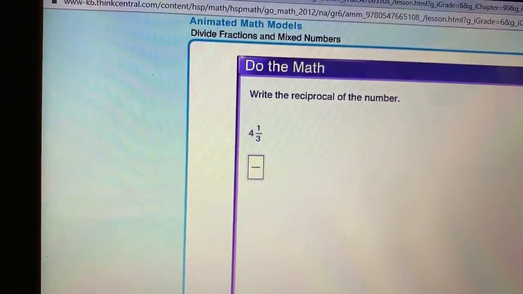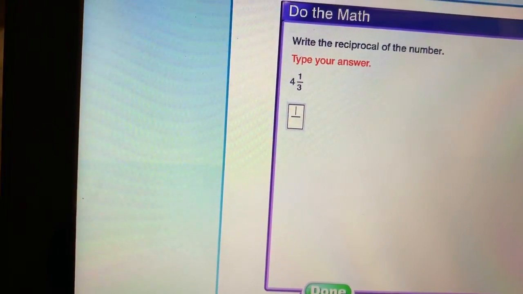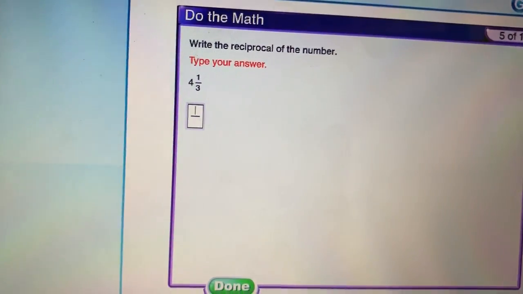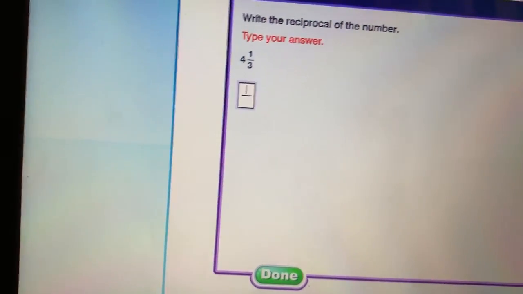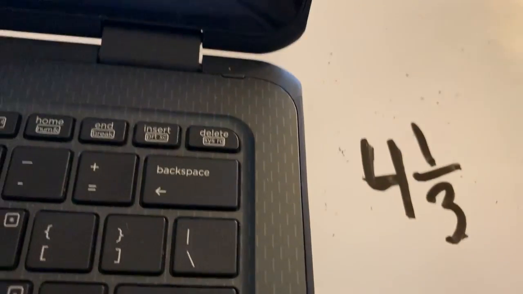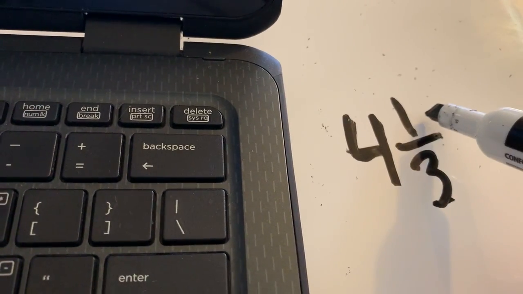All right. Next, write the reciprocal of the number 4 1/3. We do the same thing we just did. We turn that mixed number into an improper fraction. You multiply your whole number times the denominator and add the numerator.